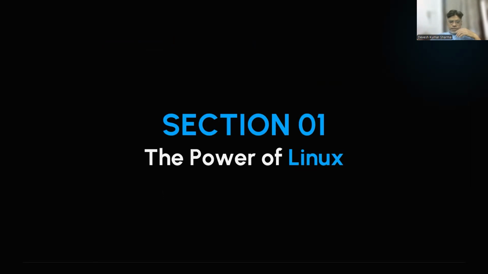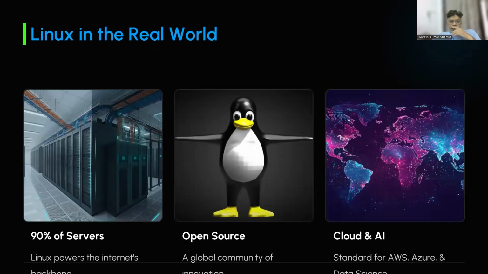Let us start with our first section. Take a look at the numbers. Over 90% of the world's cloud infrastructure, including platforms like AWS, Google Cloud and Microsoft Azure, runs natively on Linux.